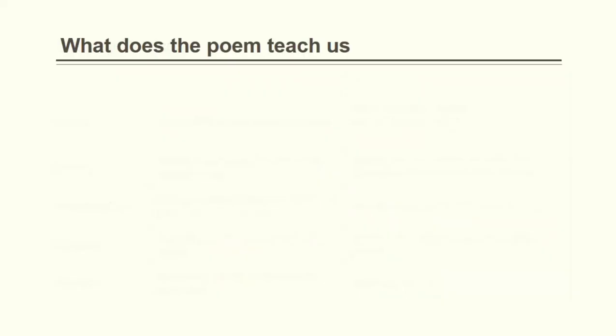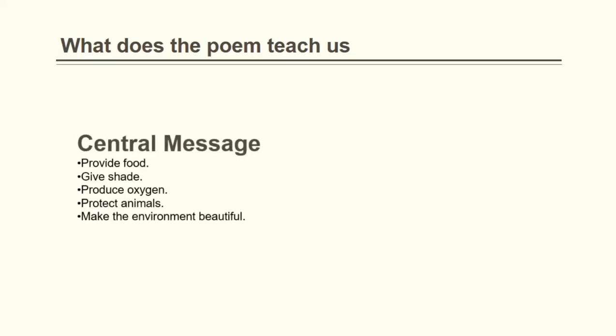Now, what does the poem teach us? The central message of this poem is that trees provide food. They also give us shade. They produce oxygen for us. They protect animals and make the environment beautiful.